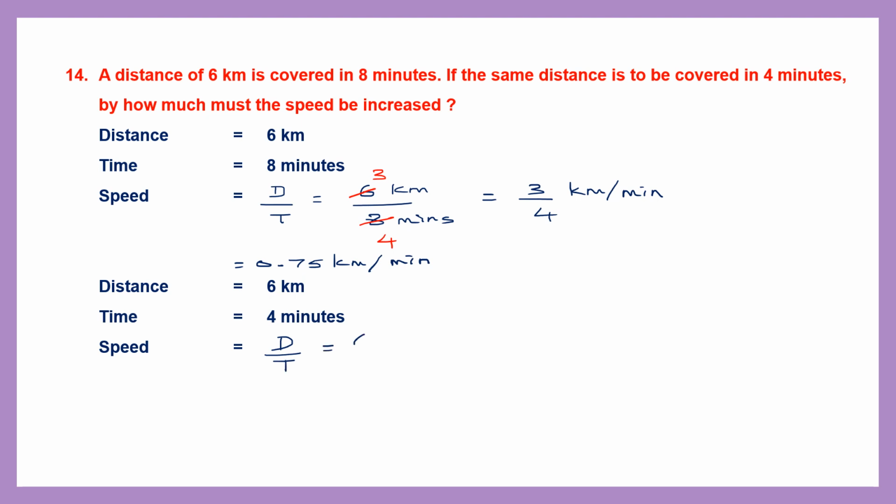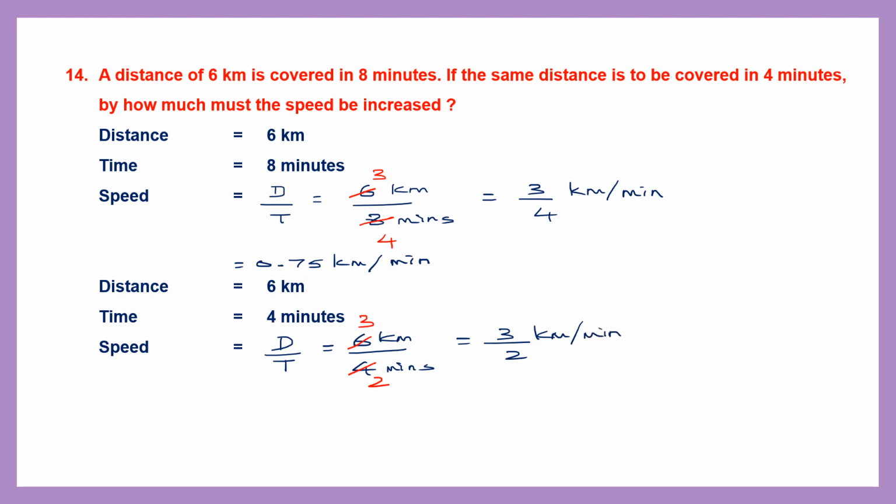So distance now is 6 kilometers divided by time, which is 4 minutes. So this is 6 by 4. Let's cancel using 2. 2 3s are 6 and 2 2s are 4. So this will be 3 by 2 kilometer per minute.